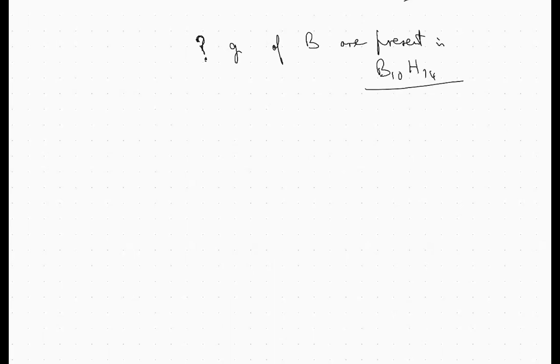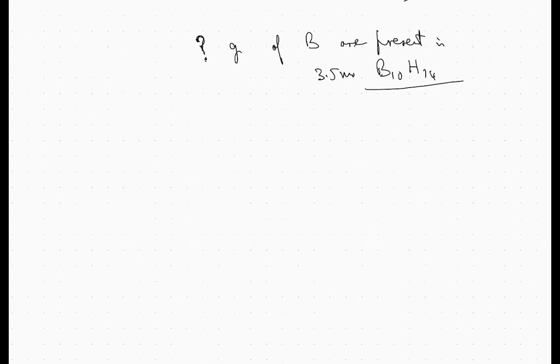All right, the next is, I will just put the question mark and grams, so that means how many grams they're asking. Earlier they asked moles. Now they're asking how many grams of boron are present in 3.5 moles of B10H14.